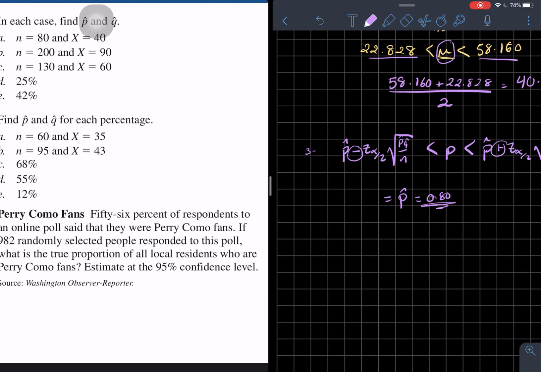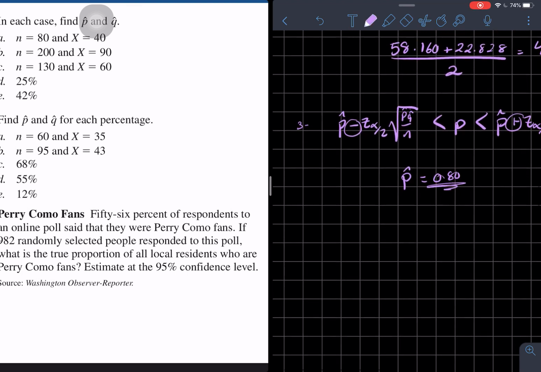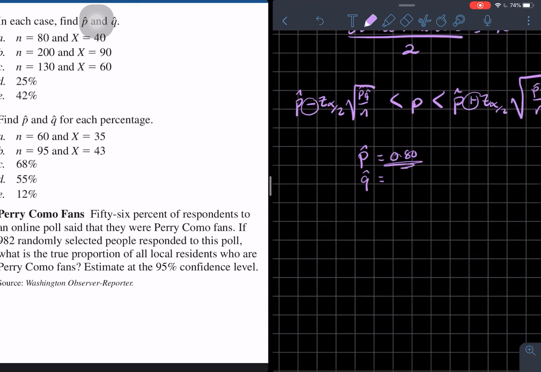It'll become 0.80. Okay, so now we need to know what q hat is. Well, what is q hat? It's the opposite of, or the complement to, our p hat. Proportions also have to add up to 100%, because it's 100% of the people who did my survey, right?